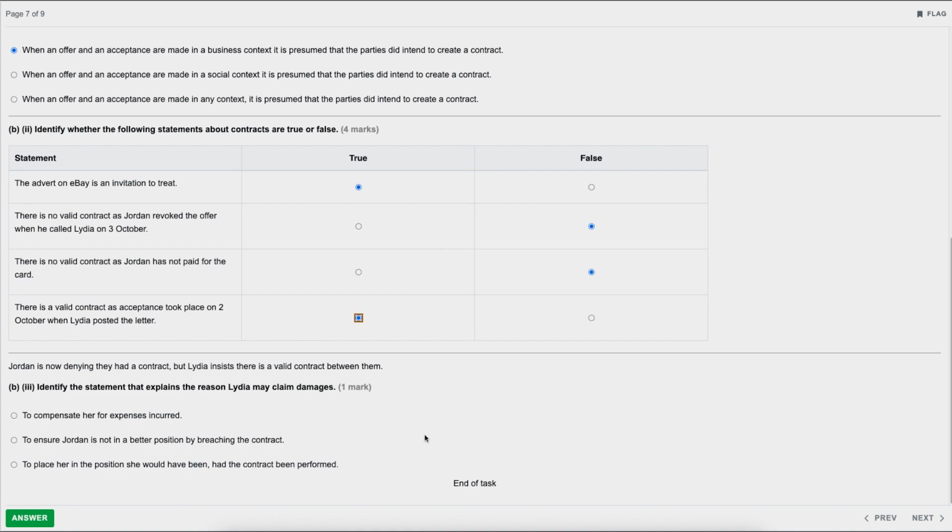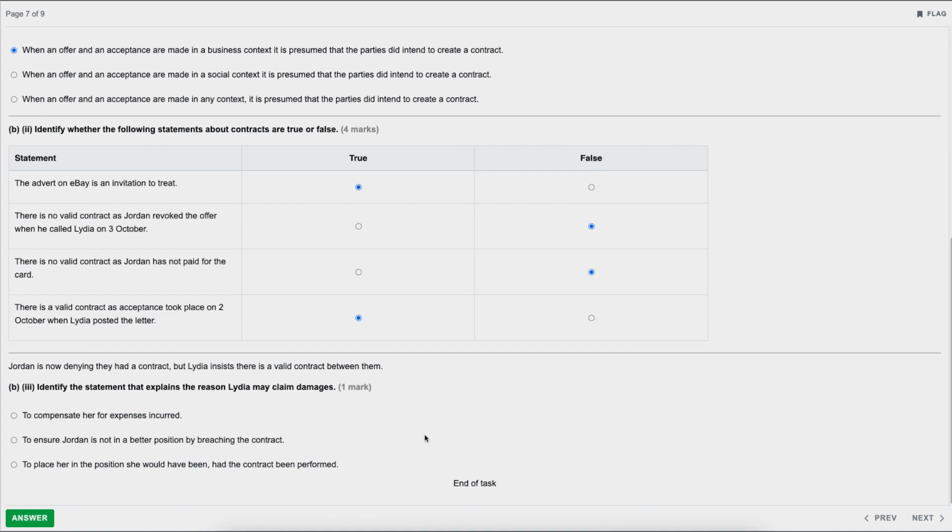Scrolling down. Jordan is now denying that they had a contract, but Lydia insists there is a valid contract between them. Identify the statement that explains the reason Lydia may claim damages. So we've got three different options. To compensate her for expenses incurred. Well, there hasn't really been any expenses from Lydia's side, so it wouldn't be that one.